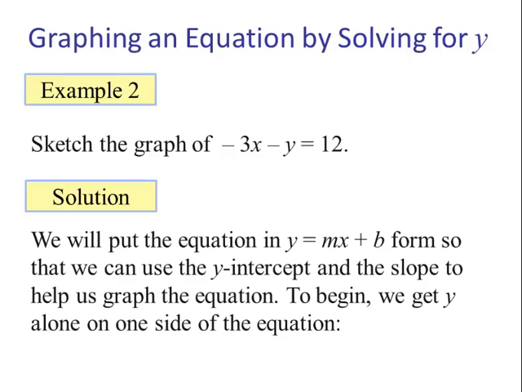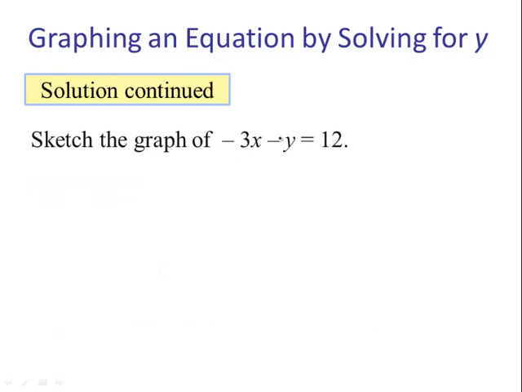So again, we want to put this equation in y equals mx plus b form. Again, our first step: y is on the left hand side of the equal sign. We need to get rid of this minus 3x, so we're going to do the opposite, and we're going to add 3x. Now if we add 3x to the left hand side of the equal sign, we have to add 3x to the right hand side.